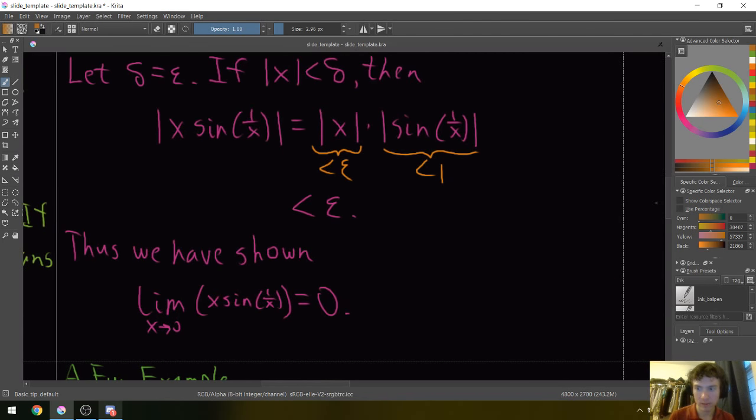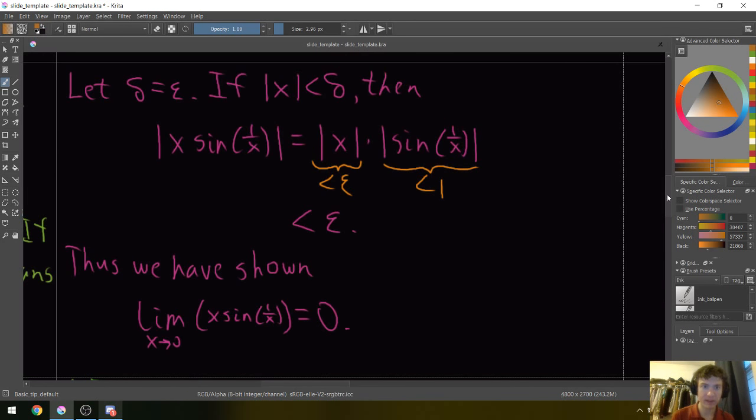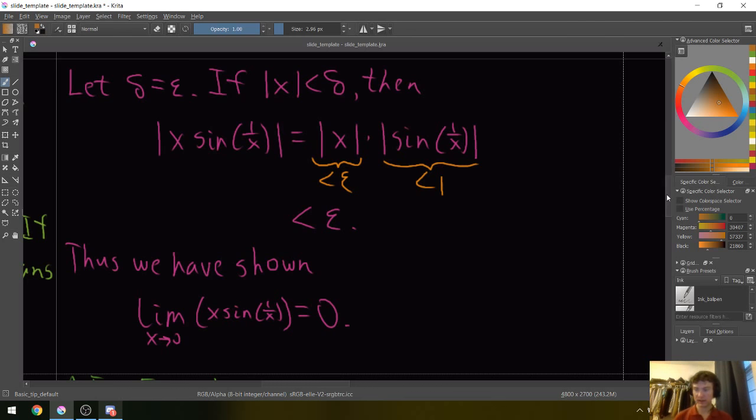All right, let's see if we put it all together and see the punchline then. So, what was the whole game here? Someone hands me an epsilon, I have to pick a delta. I said, easy. I pick delta to be the same as your epsilon. And then by using that chain of inequalities that we just showed, if I make that choice, so that absolute value of x is less than epsilon, then this quantity, absolute value of x sine 1 over x, is also less than epsilon.